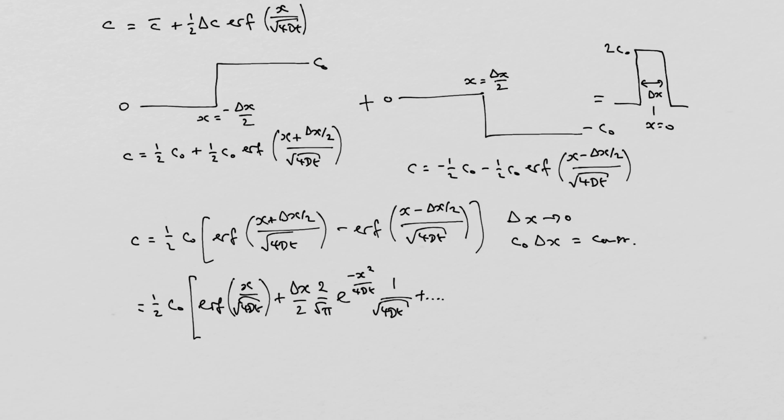And of course there are higher order terms, minus, and then the expansion of the other term, which is, there's two minus signs cancelling now. Okay, and so those terms cancel.